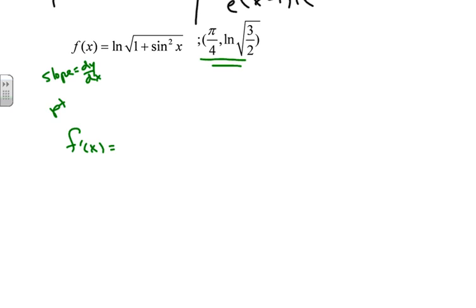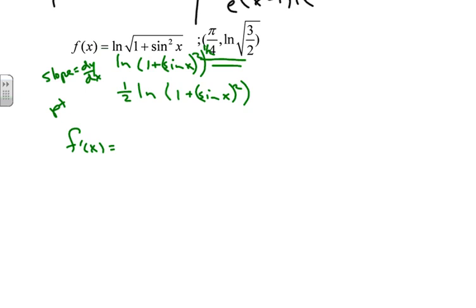To make this a little bit nicer, I'm going to use some properties. I'm going to put the 1/2 out here, because we know, according to logs, you can write this as the natural log of 1 plus sine x, squared, to the 1/2 power. Put the 1/2 in front using the properties of logs, and I have 1 plus sine of x, that quantity squared.